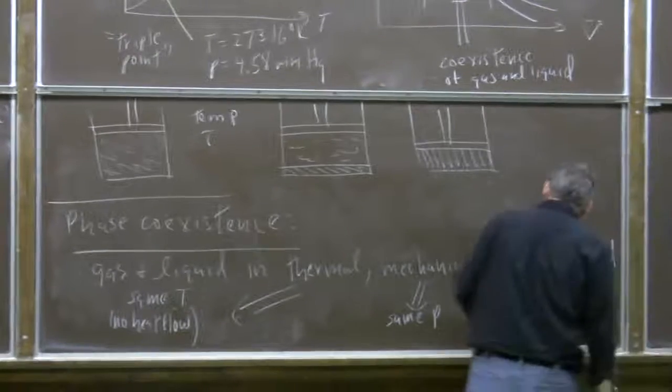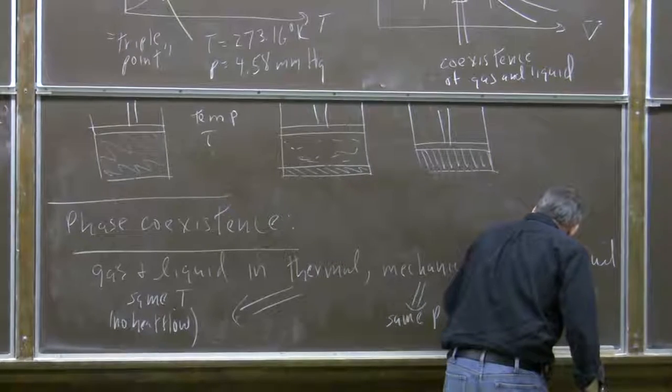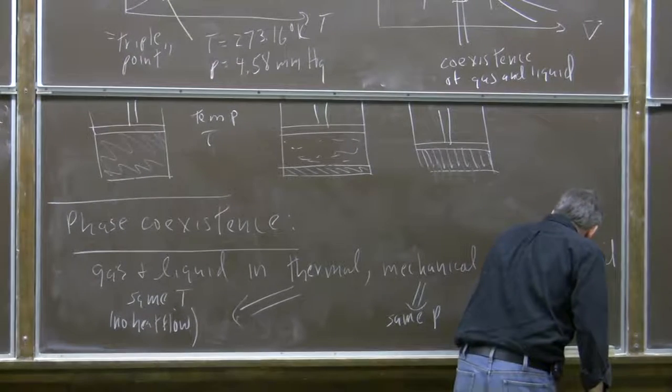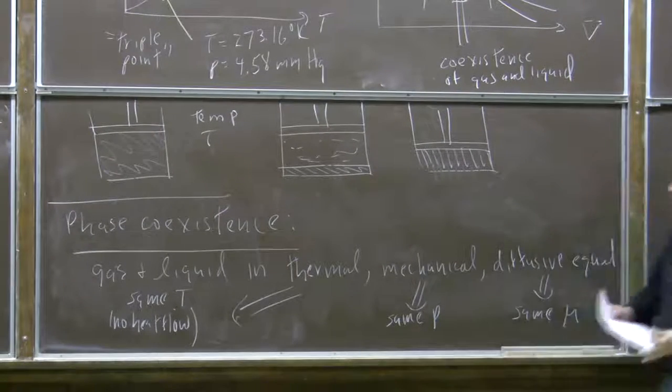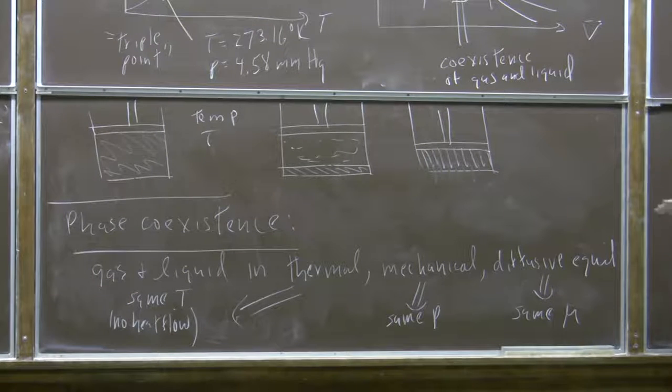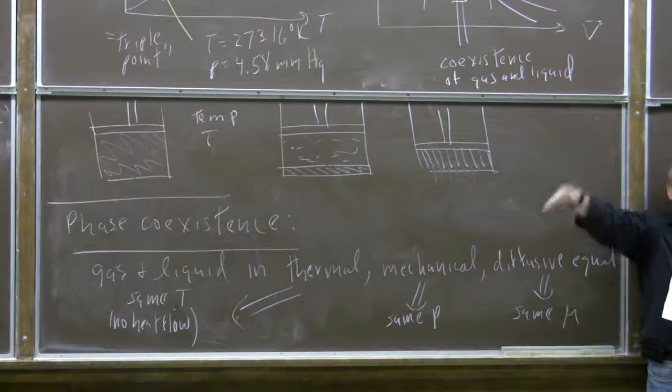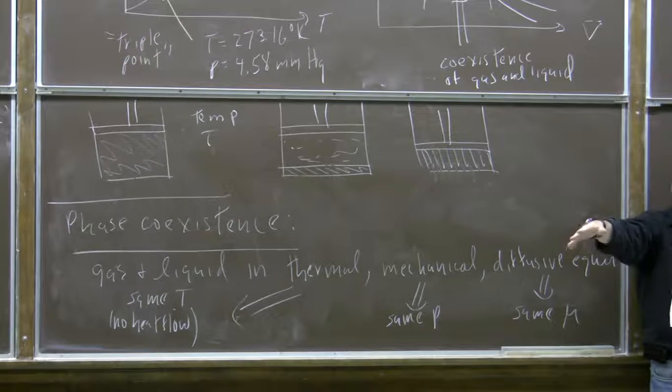And they also have the same chemical potential. If they didn't, then particles would move from higher chemical potential to lower chemical potential to find a more probable configuration.